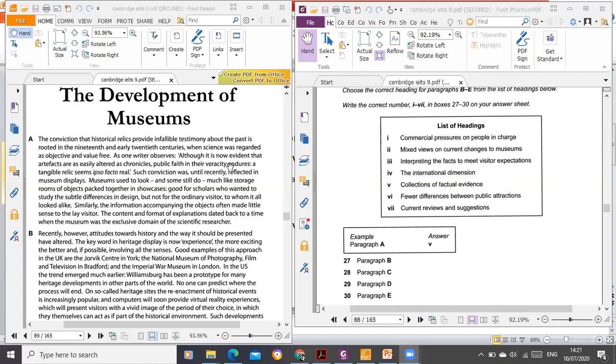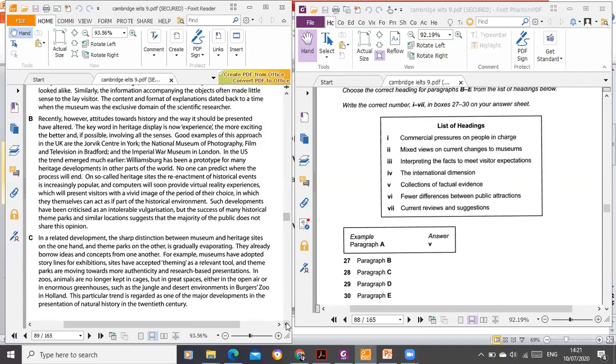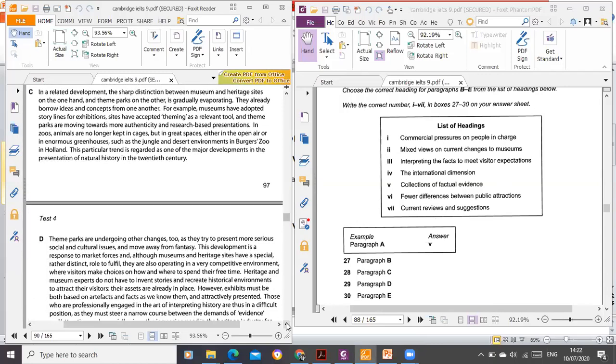So we are looking at the development of museums. I quickly scan or skim through. Paragraph A has been done for me. Recently, however, attitudes, it talks about attitudes or ideas, a related development, there's a sharp distinction. I've seen that.